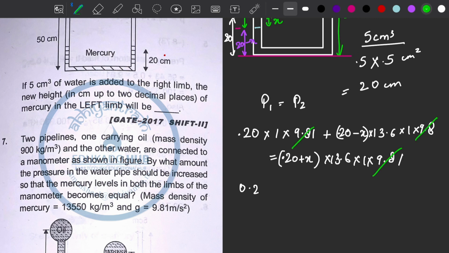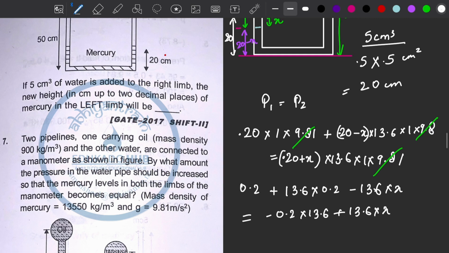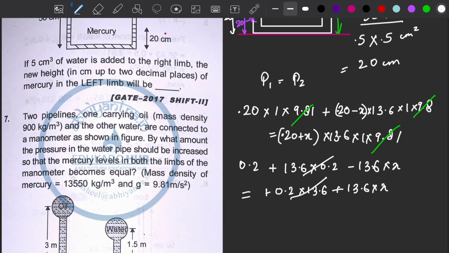Let's remove it. Now 0.2 plus 13.6 into 0.2 minus 13.6 into X will be equal to 0.2 into 13.6 plus 13.6 into X. Can I say that this is positive, this also gets cancelled by this, and I get the value that 0.2 is equal to 27.2x.